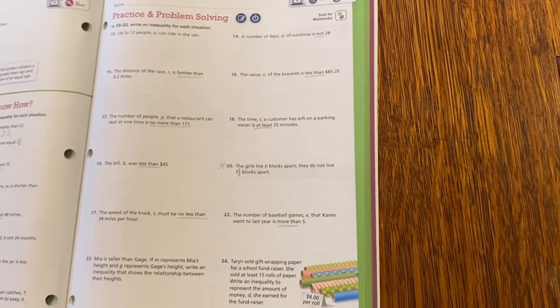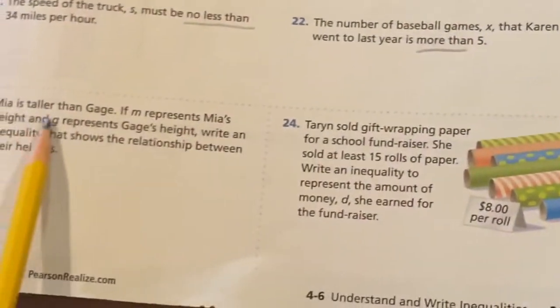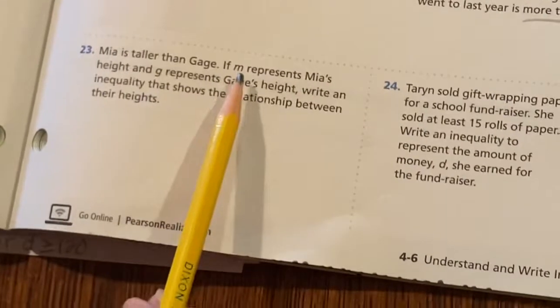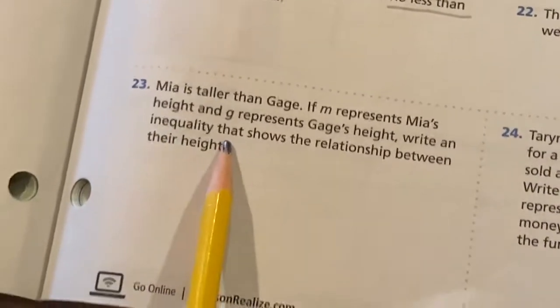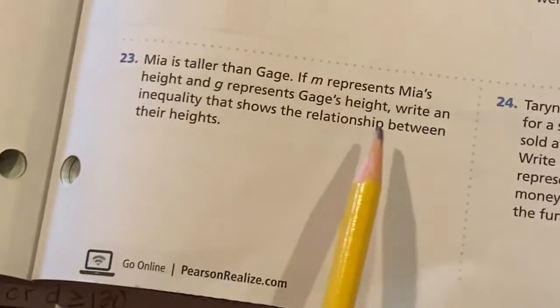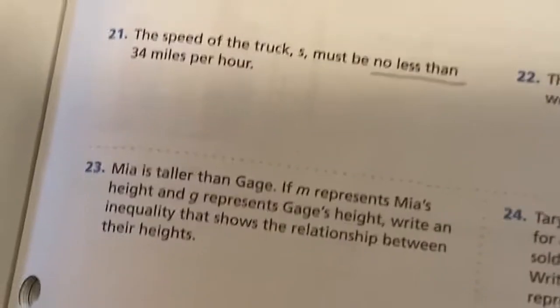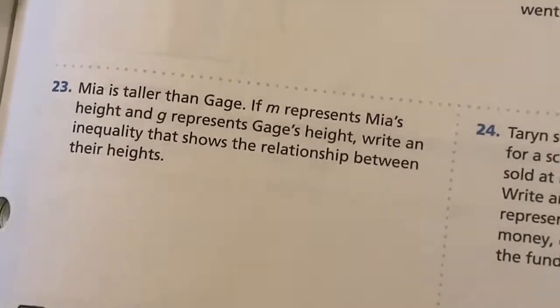Let's look at 23 and 24. Mia is taller than Gage. If M represents Mia's height and G represents Gage's height, write an inequality that shows the relationship between their heights. Okay, so what do we know here?